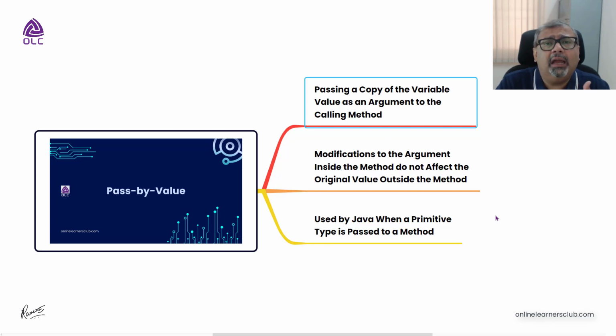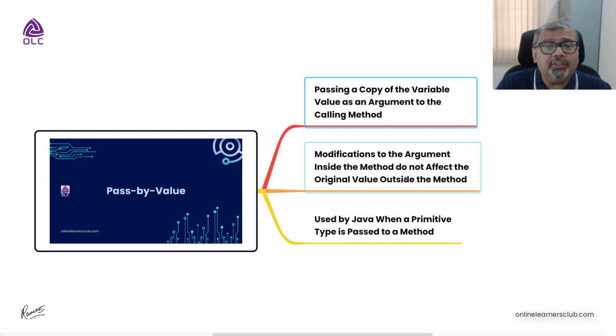Let us say you have a class and there is a method to that particular class, and you are invoking the method, and that method accepts a primitive parameter, say an integer parameter or a float parameter. When you invoke a method by passing the value of that particular variable, a copy of that variable is created.